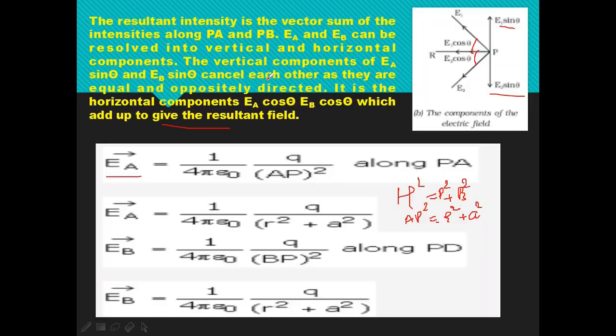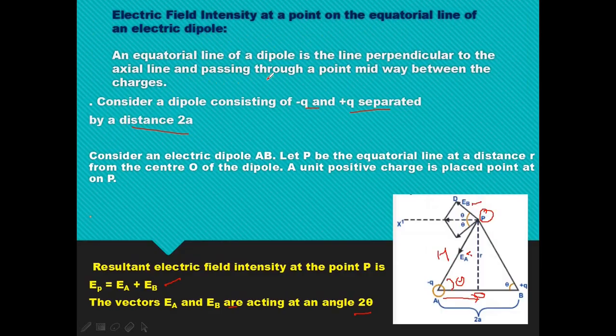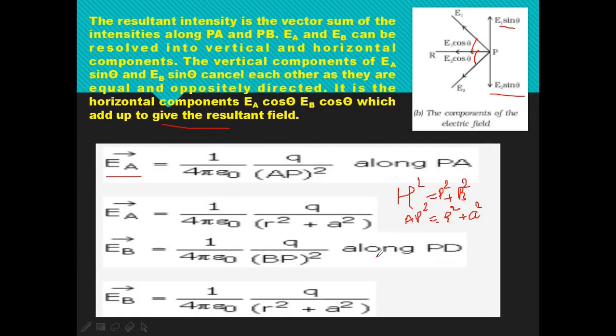Now see the diagram here. Now the triangle OPA, cos theta is equal to base upon hypotenuse.